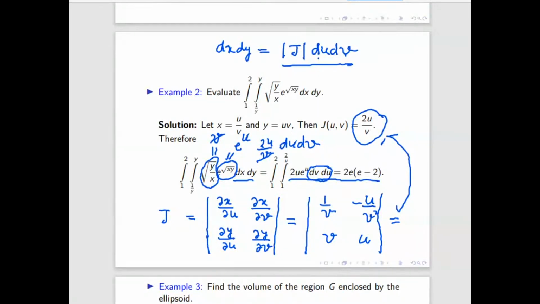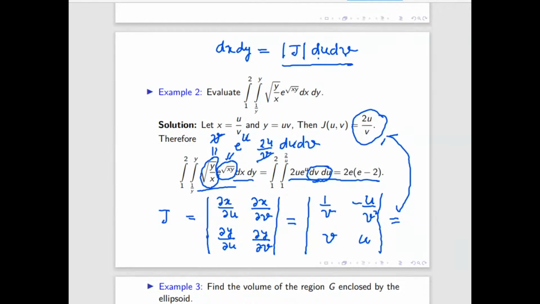So up to this, anyone have any problem? Now we'll find the limits. So for limit, we will draw the region, and based on the region, we will find the limit. So till now, what I did, I just transformed the integrand square root of y by x e to the power square root of xy in terms of uv, and then dx dy is also in terms of uv with the help of Jacobian.